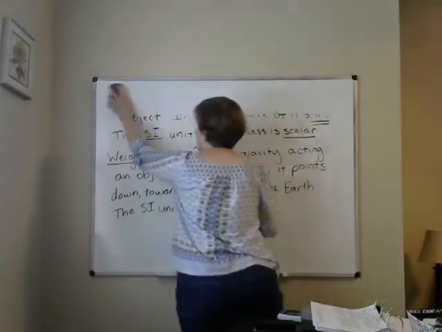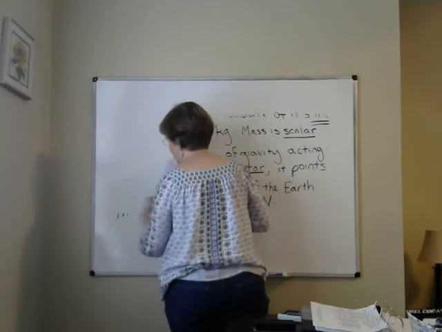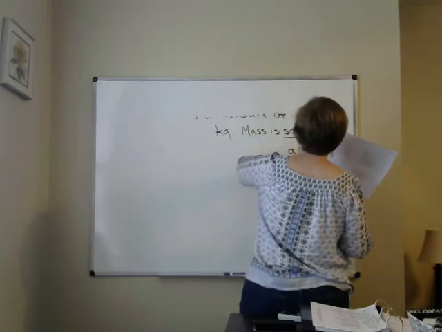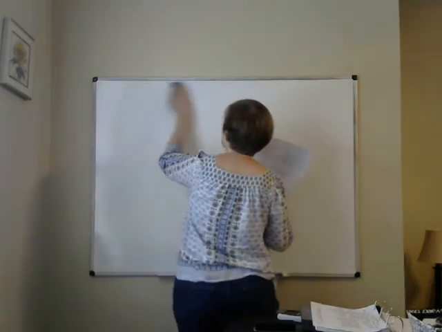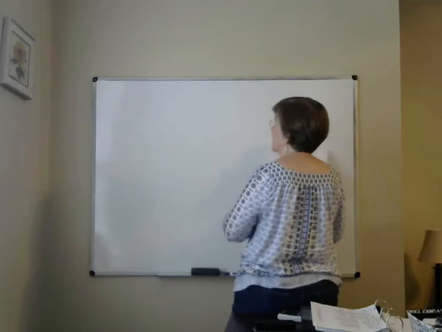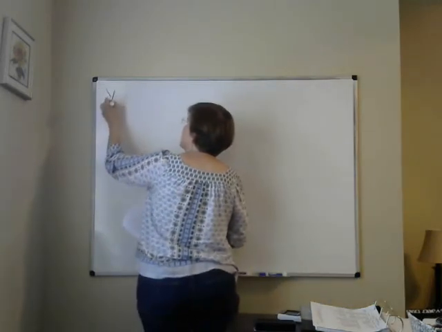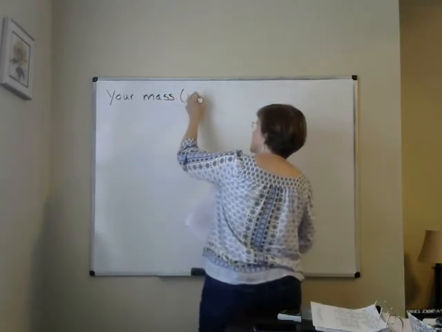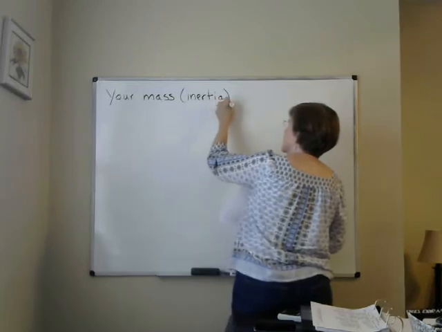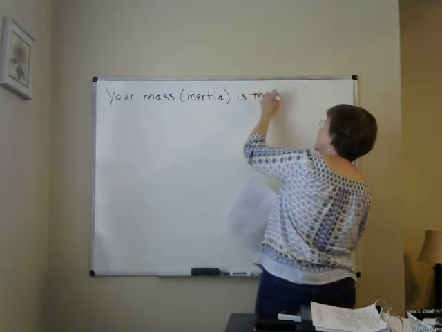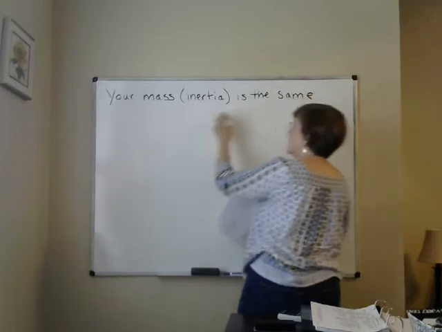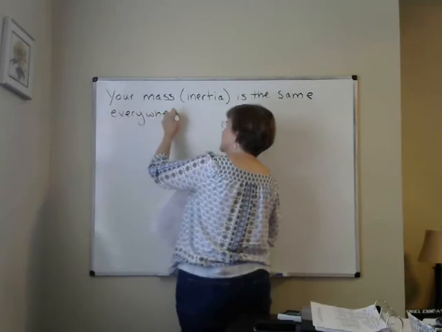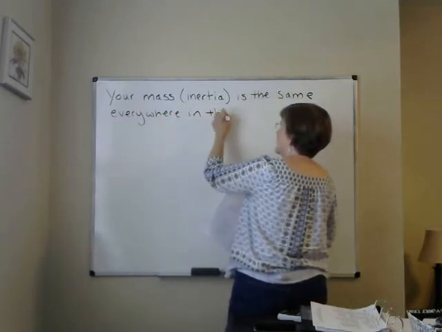Actually, before we calculate it, I want to point out an important piece of information. Your mass, or the mass of any object, is the same everywhere in the universe.